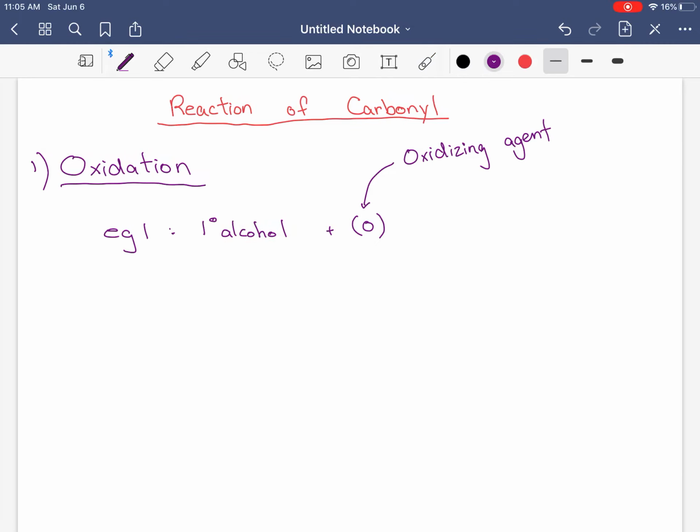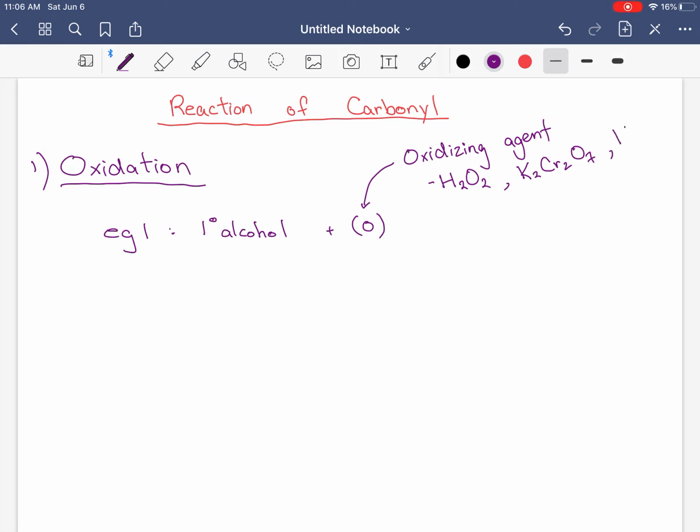Now, I'm going to give you 3 examples here that you might have to memorize. These are all oxidizing agents used widely in most chemical laboratories. The simplest one is hydrogen peroxide because that's easily accessible. We have K2Cr2O7, potassium dichromate.